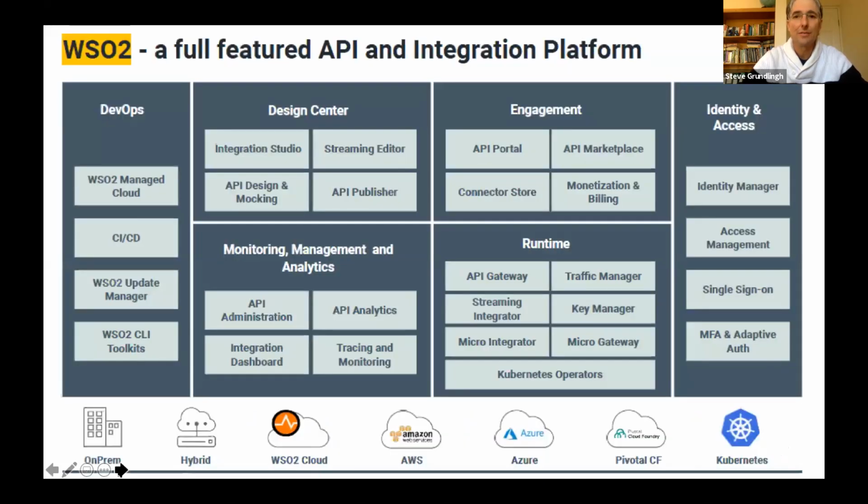I took this slide from Paul's presentation on Tuesday. It's a relatively new slide from WSO2, and I really liked it. What I thought came across well with this slide was that it shows the identity and access management pillar on the right-hand side, but it shows how WSO2 has a complete API and integration platform.